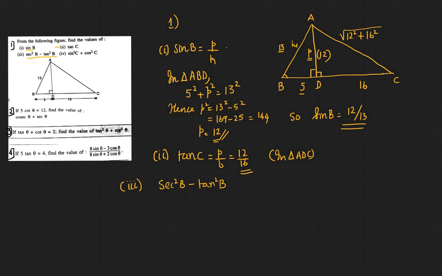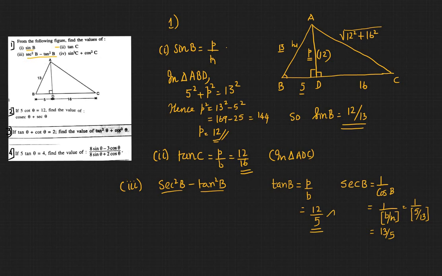So try to find the secant and the tan, and try to find out what this difference in squares would be. So if you have got tan B as 12 by 5 and secant B as 13 by 5, you're on the right track. So once you get that, you can straight away substitute this as 13 by 5 the whole square minus 12 by 5 the whole square.